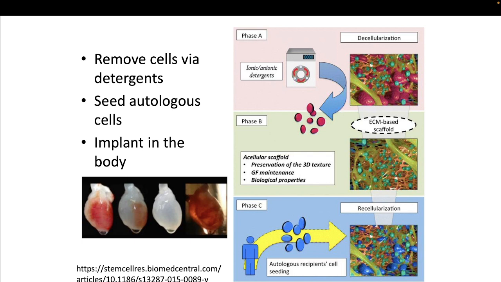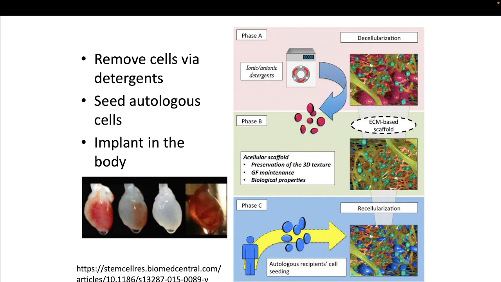You take the donated organ and remove all its cells by giving it a detergent treatment. The cells present in the organ, the nucleic material, which might be DNA or RNA, and the proteins present are the things which lead to a much stronger immune attack whenever transplanted to a different body. So you first remove all these cells and you just have this ghost organ.